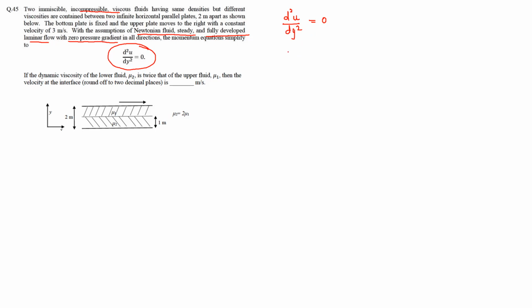Sir, can you repeat what immiscible means? Two immiscible, the first point, and two incompressible viscous fluids. Immiscible means basically these two fluids will not mix with each other.